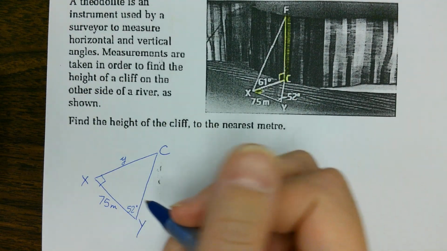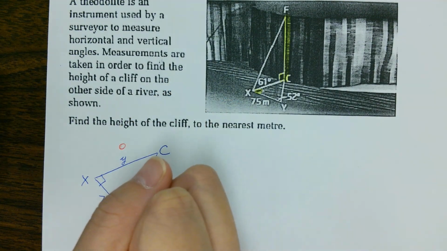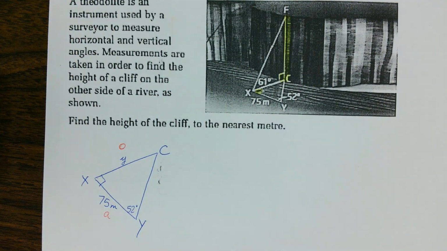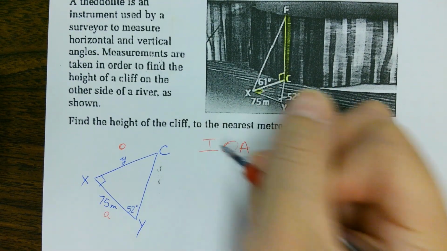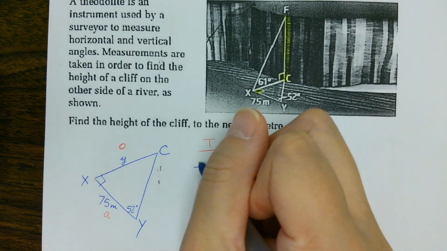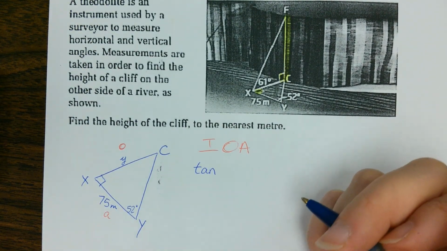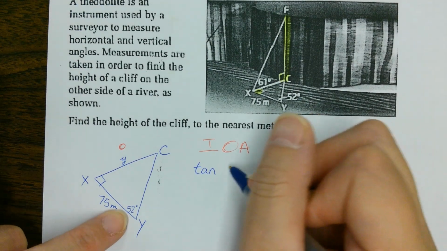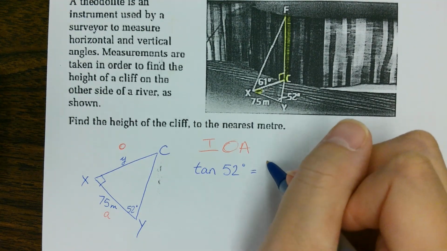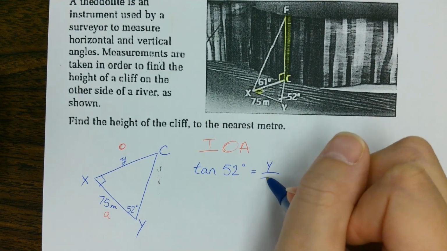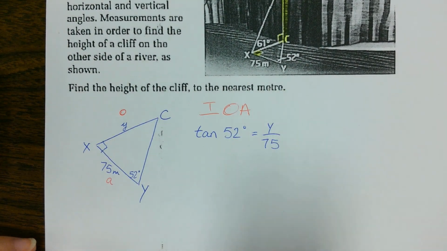Okay, so SOHCAHTOA. This is opposite. This is adjacent. And so guess what? It's TOA again. TOA. So tangent. Every time you set up the equation, make sure you ask yourself, are you given the angle? Yes, I am. So there you go. Opposite is Y. Adjacent, 75. Okay.